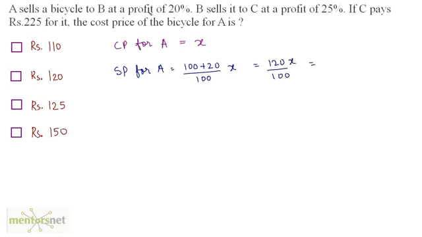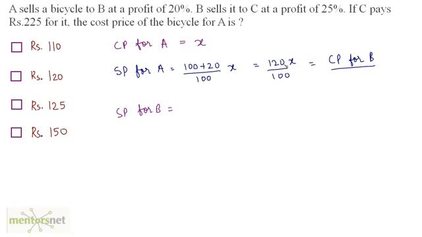Now B actually paid this much amount to buy this bicycle from A. So basically this is also the cost price for B. Now B sells this bicycle to C at a profit of 25%. So the selling price for B can be written as the cost price for B increased by 25%.